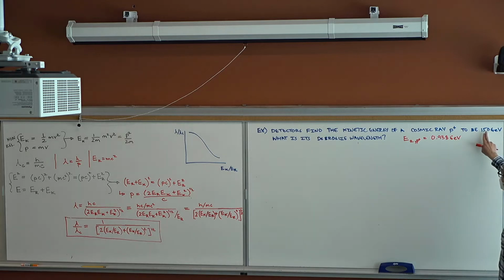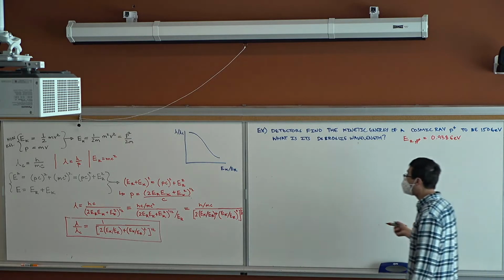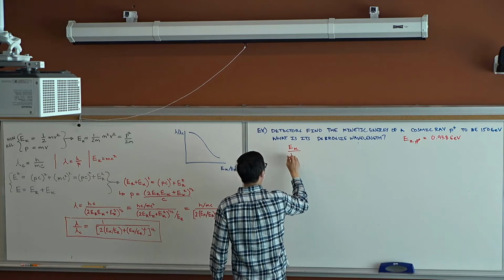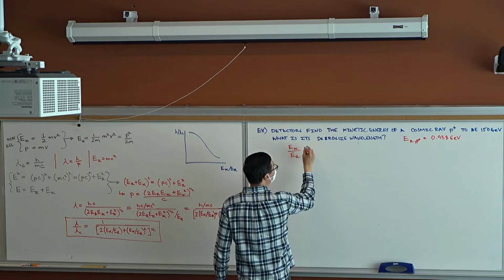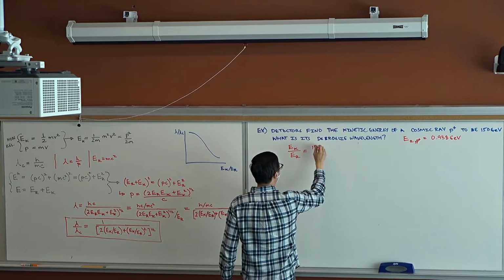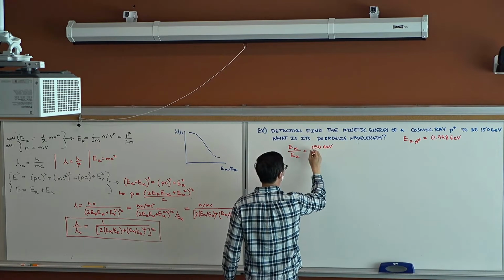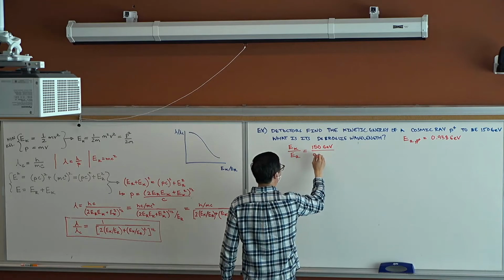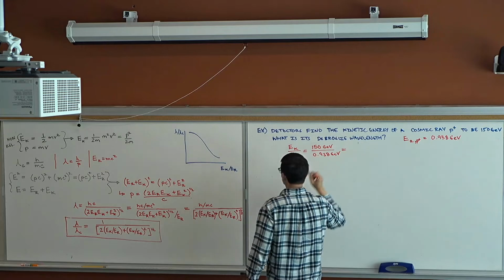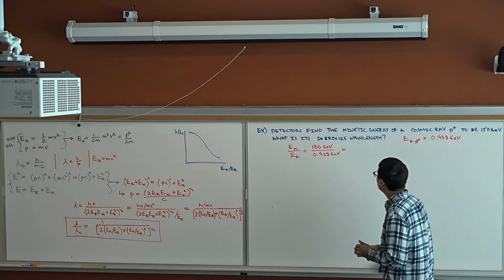And we have this kinetic energy, right? And so we can get to E_K over E_R, which is going to be 150 giga electron volts divided by 0.938 giga electron volts.